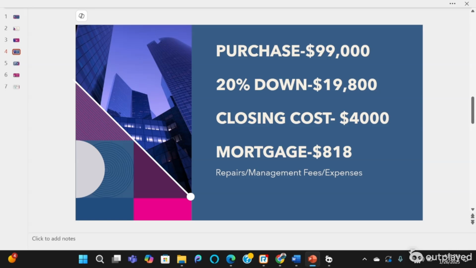If you're going to finance it, then that monthly payment is going to be about $818 a month. And when we look at that $818 a month, we are accounting for principal and interest and the escrow. And escrow is the property tax and insurance. If you had any more repairs or management fees or expenses that you have to pay, we want to factor that in as well. Let's keep going.